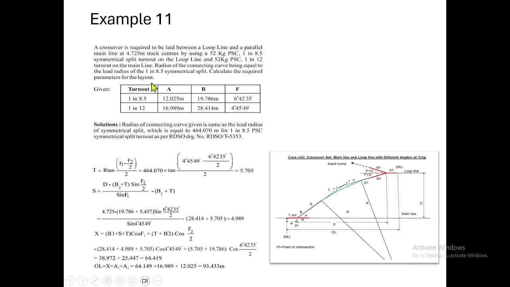Calculate the radius parameter. The 1 unit symmetrical split is almost equal to the radius of 1 in 12 only. Anyway, it is 464.07 radius. That means it is double the radius of 1 in 8.5.